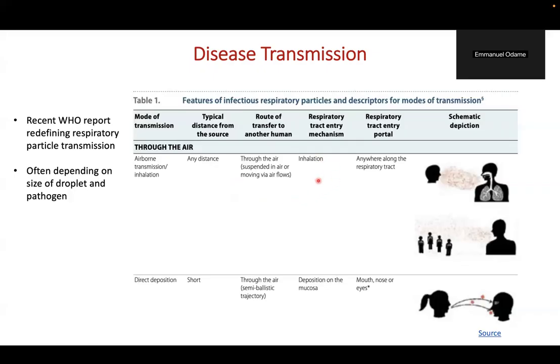The most common one is coming from your respiratory tract. The second category is direct deposit, which is normally a short range one, and it's also mostly through the air. It's a semi-ballistic trajectory compared to one like COVID, where you have to cough and it's easy to get.